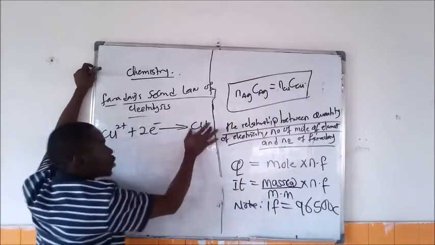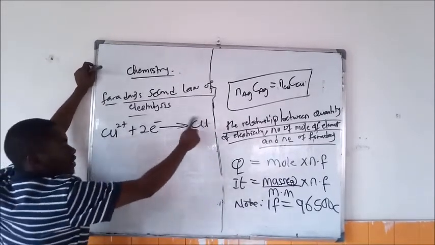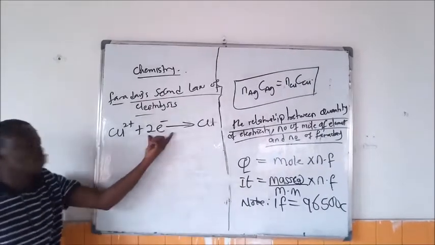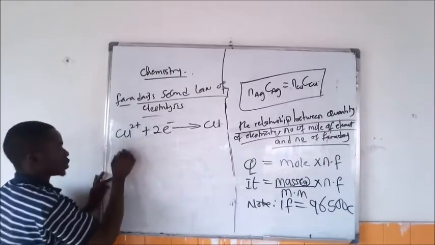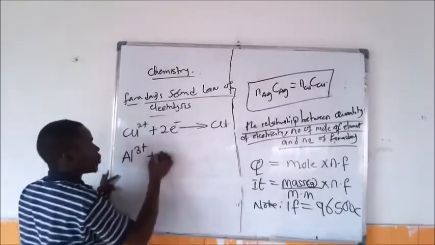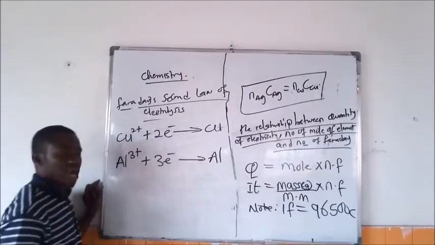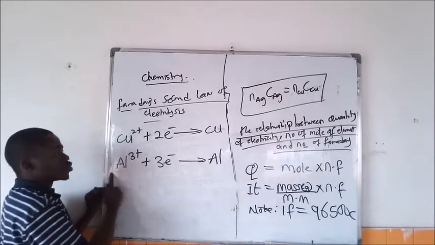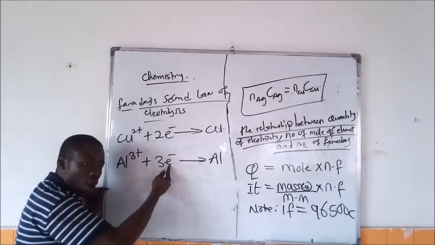So for 1 mole of copper to be eventually discharged, it needs 2 mole of electrons. What if it is aluminum 3 plus? Aluminum 3 plus plus 3 electron minus, we give aluminum. What it means is that for 1 mole of aluminum to be eventually discharged, it requires 3 mole of electrons.